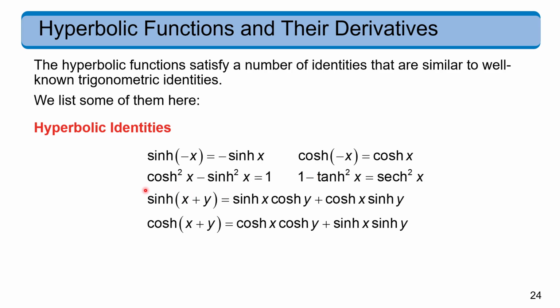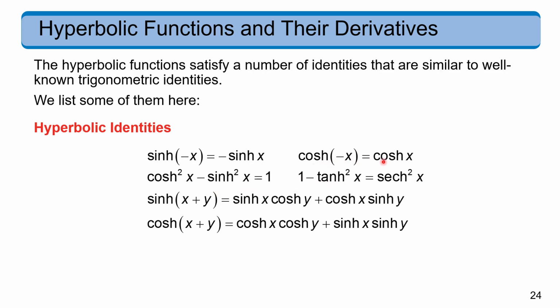Now the next row, these are similar but slightly different from the Pythagorean identities we have with sine and cosine. Right, we're all familiar, cosine squared plus sine squared equals 1. But notice with the hyperbolic version, it's slightly different. It's actually cosine squared minus, instead of plus, sine squared equals 1.